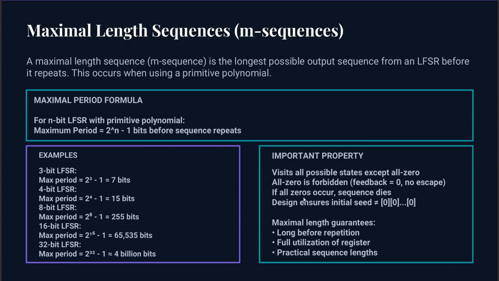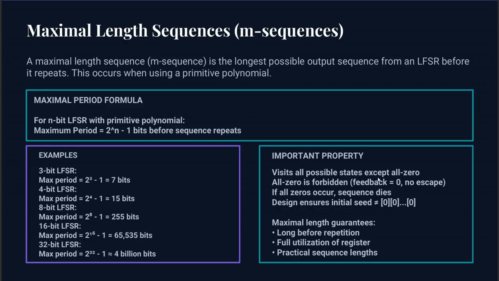For example, a 3-bit LFSR can generate a maximum period of 7 bits. A 4-bit LFSR can generate 15 bits, an 8-bit LFSR can generate 255 bits, and a 16-bit LFSR can generate 65535 bits. And a 30-bit LFSR can generate approximately 4 billion bits before repeating.